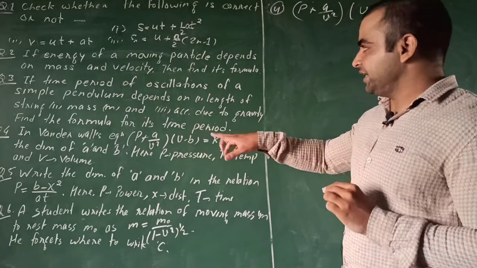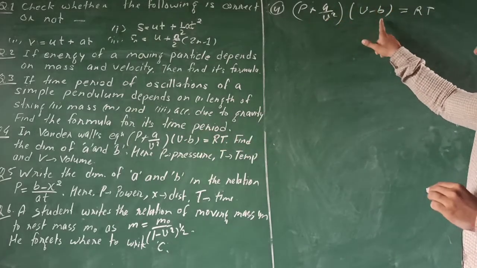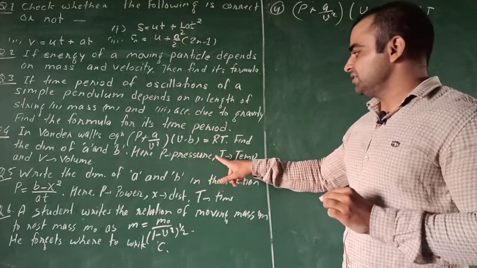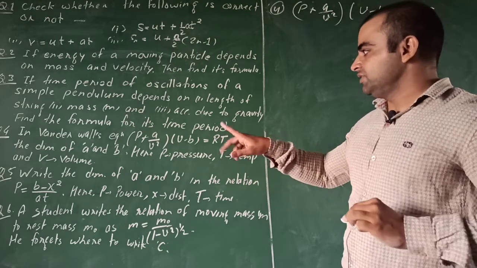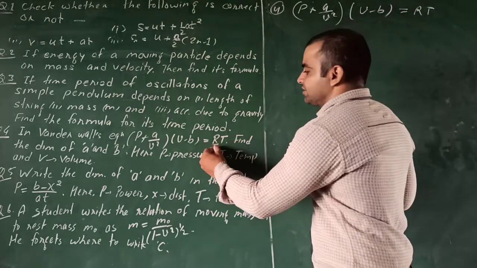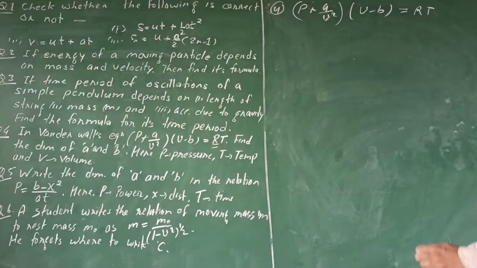Find the dimensions of A and B. Here P is the pressure, T is the temperature, V is the volume, and R is the gas constant.